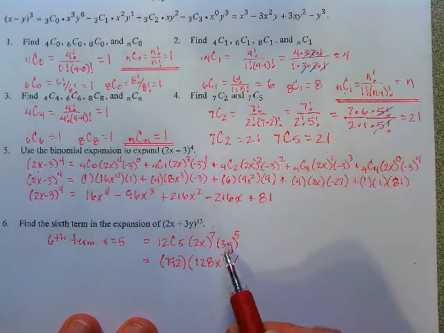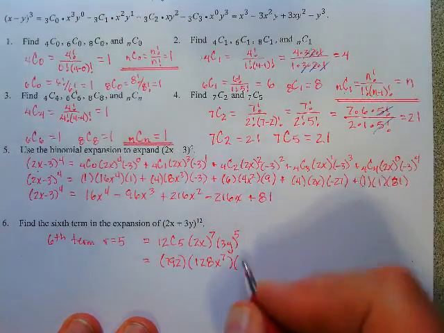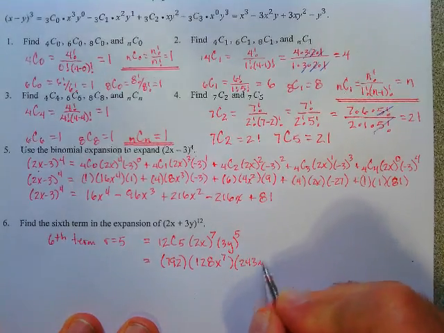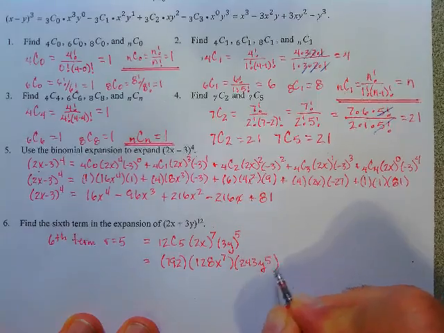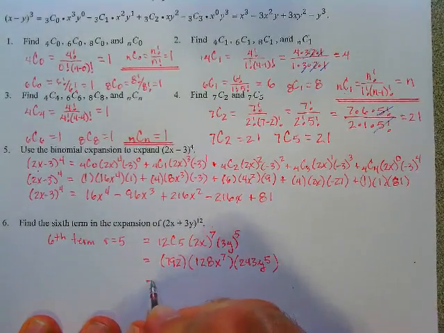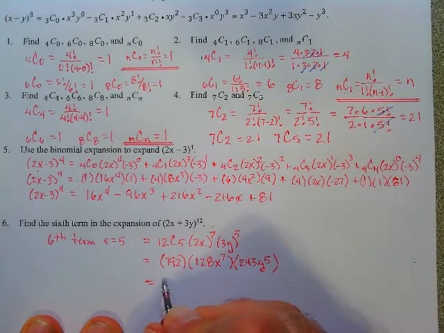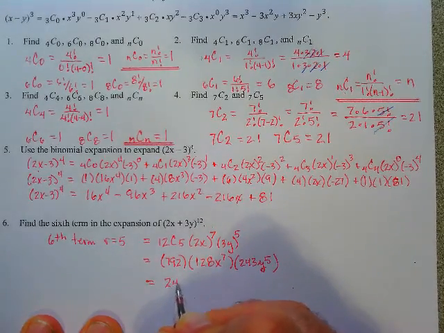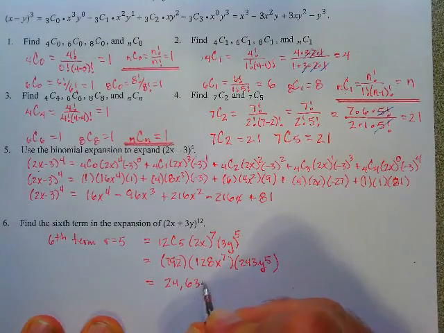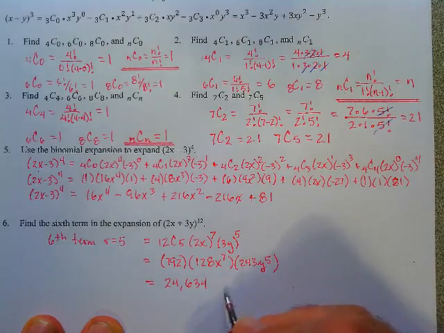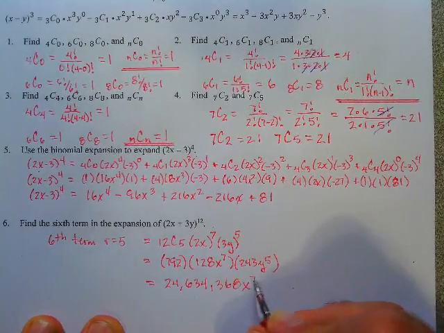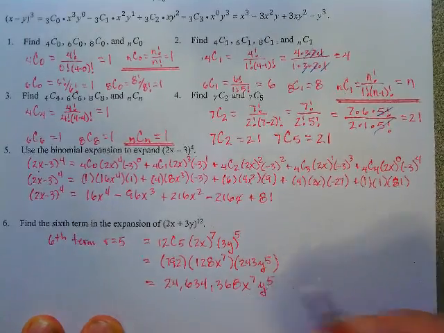And then I have 3 to the 5th power, so that's 243, and then y to the 5th. And so now I multiply these all together, and I get, let's see, 24,634,368 x to the 7th, y to the 5th.